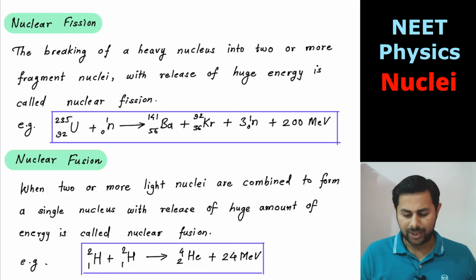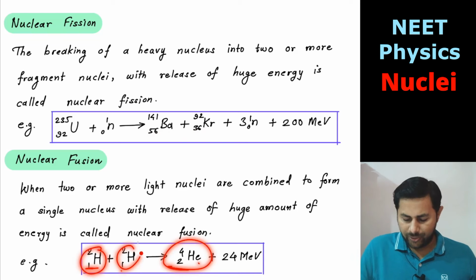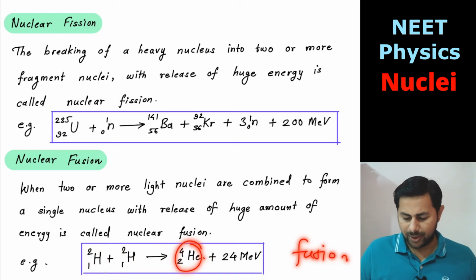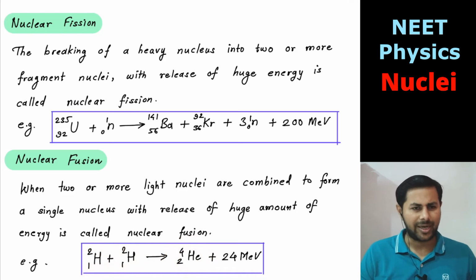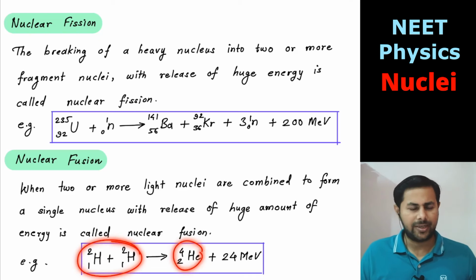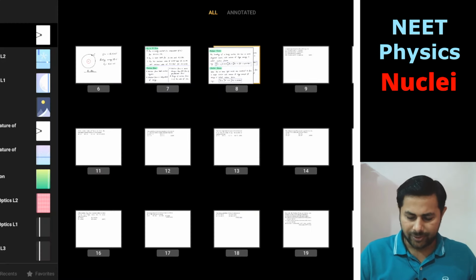Yeah, the binding energy per nucleon of daughter nuclei would be greater. In this case, two deuterium fuse to form one helium. So this is fusion. In case of fusion also, compared to that of reactants, the binding energy per nucleon of product would be greater. Okay, so let's just note this down.